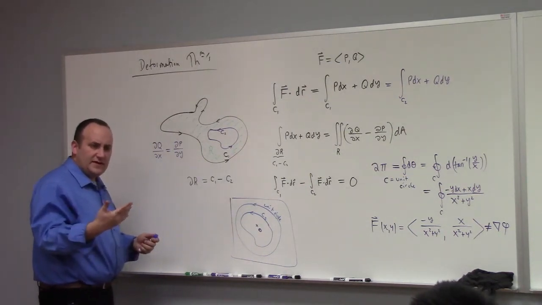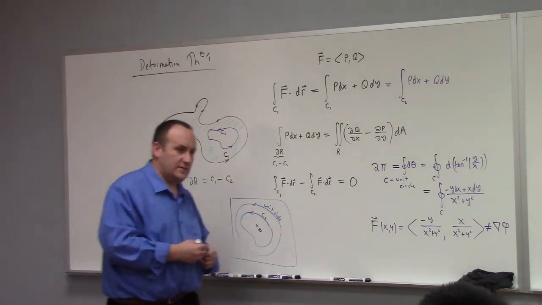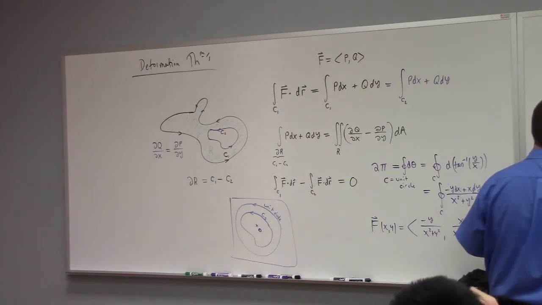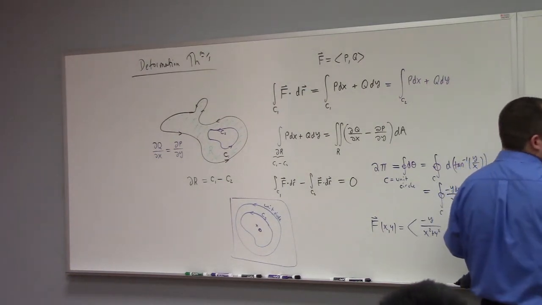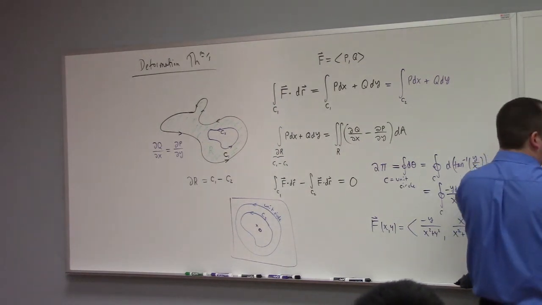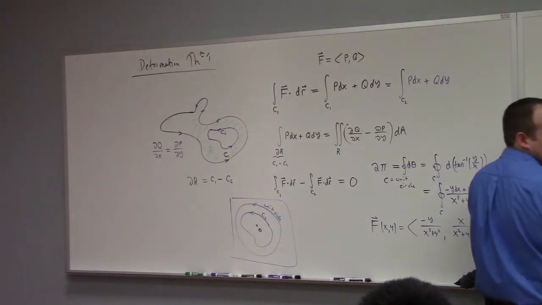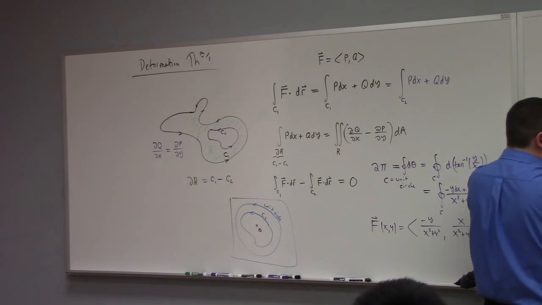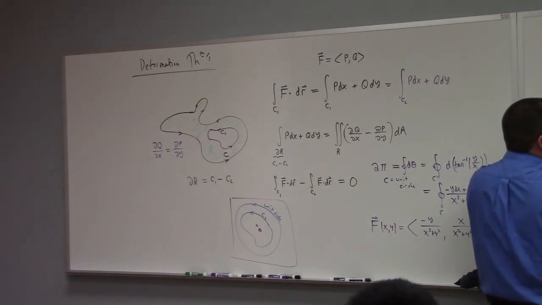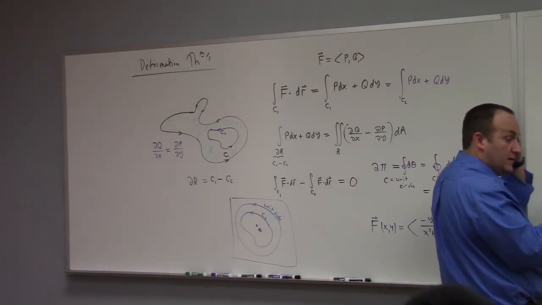There's also a corresponding deformation theorem for surface integrals. If you can go from this surface to that surface, and the curl of the vector field is equal to 0 in between the two, so if this is S1 and this is S2, and suppose the curl of F is 0 out here, there could be a hole in here, and something interesting could happen inside the hole, let's say.